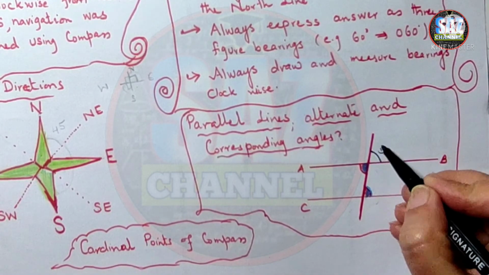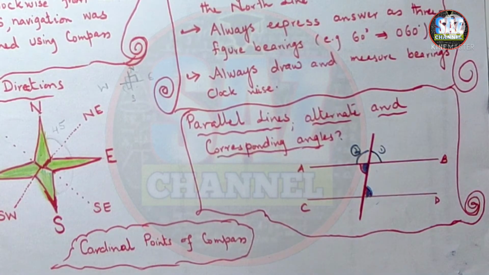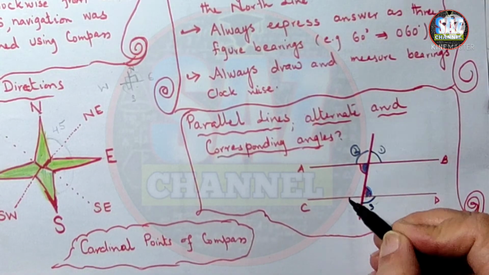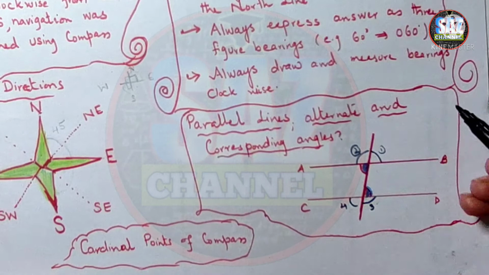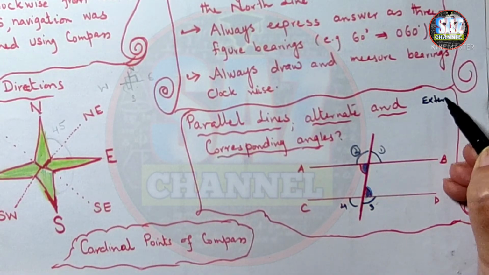This is suppose 1, and this is 2, and this angle is 3, and this is 4. These 4 are exterior angles.